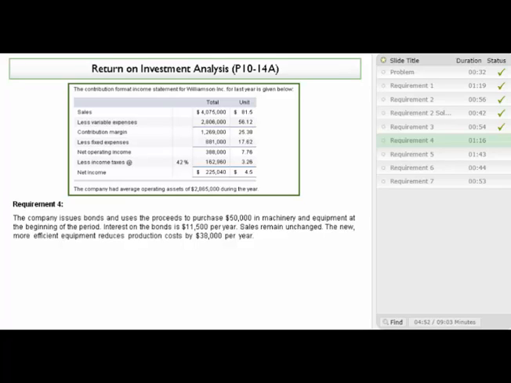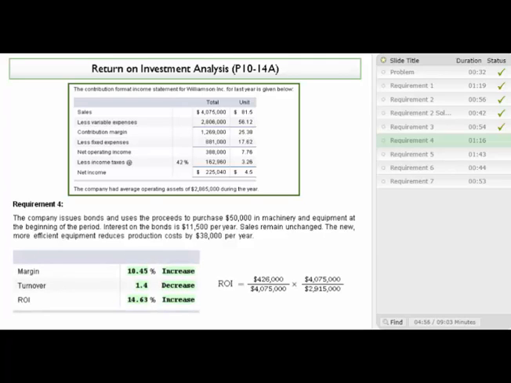Okay, well, when we look at ROI on this, the savings in the production cost drives up the margin, right? We're going to have higher operating income as a percentage of sales. So we get an increase from the margin portion of the ROI calculation. In terms of turnover, though, we get a decrease because we invested $50,000 more in machinery and equipment, so average operating assets increased.